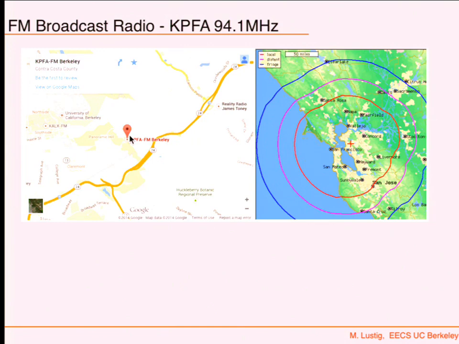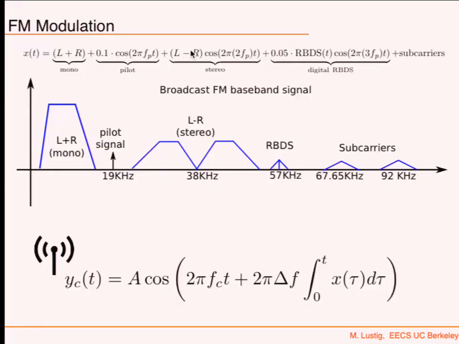Okay, so what is FM modulation? That particular station takes a signal that looks like this. It's actually composed of several signals that they want to transmit. On the baseband, it transmits the left plus right channels. So if you want to transmit stereo, that will be the mono part of a stereo.